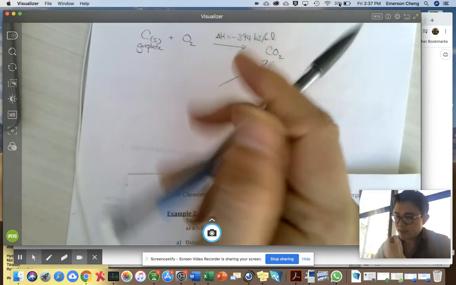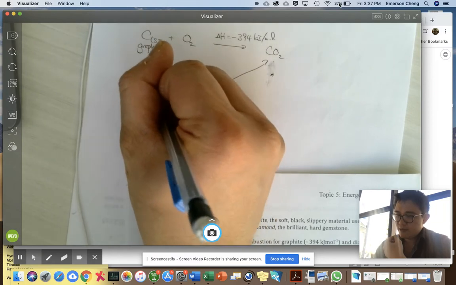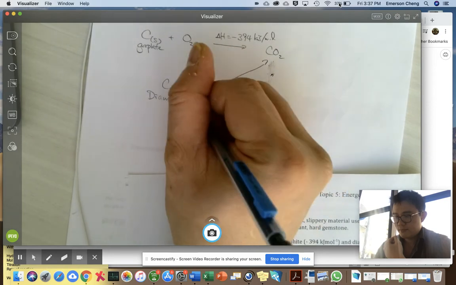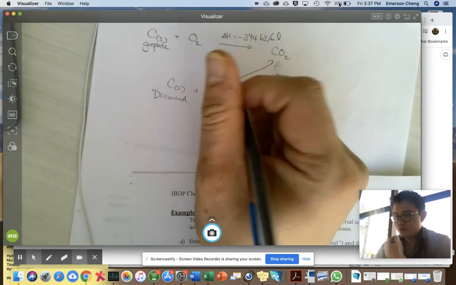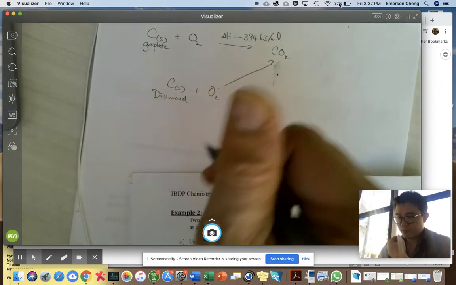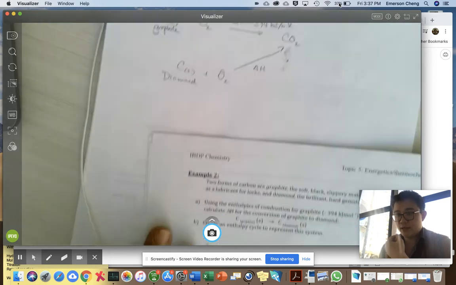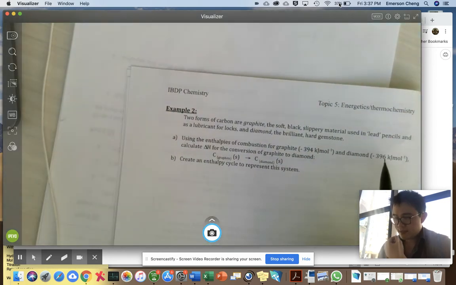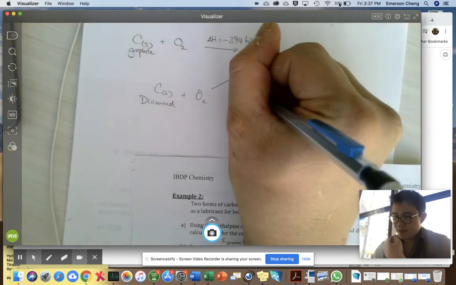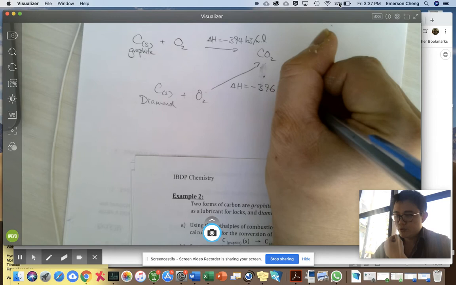So I have carbon for diamond plus O2 that gives me CO2. That's what happens when you're burning. The combustion of diamond, as it says on the handout, is minus 396 kilojoules per mole.